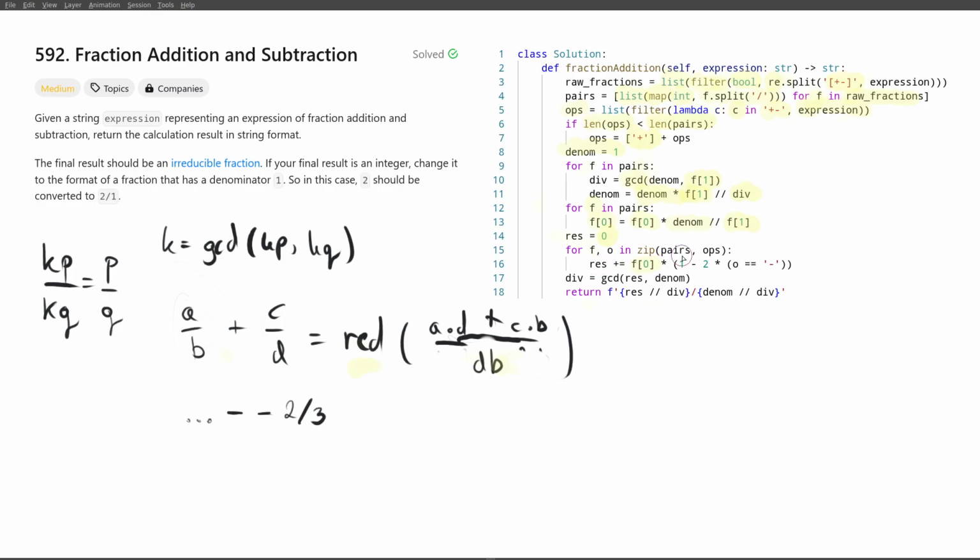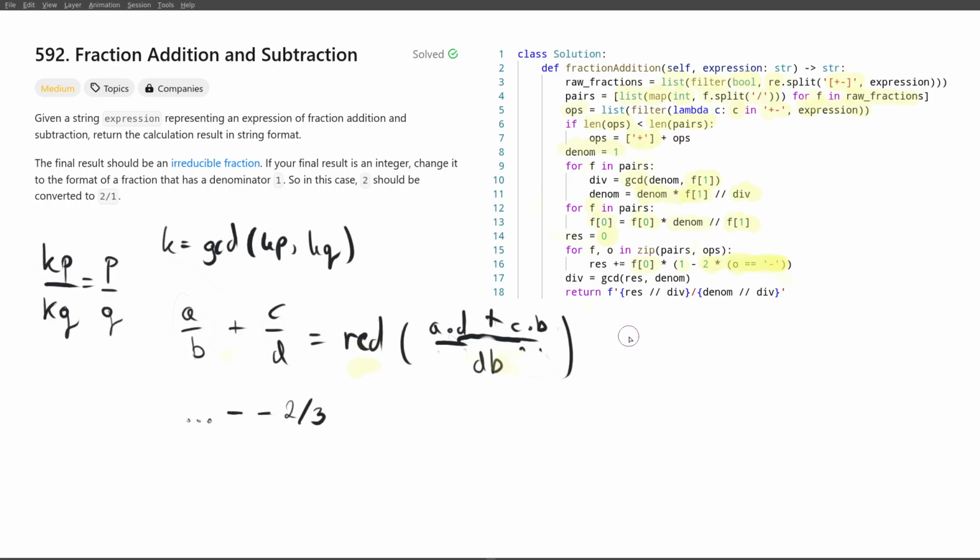So one way of doing that is just multiplying the numerator by 1 minus 2 times the operation being subtraction. So if the operation is not subtraction, we multiply it by 1 minus 0, so by 1. If the operation is subtraction, this thing here is 1, 2 times 1 equals 2, 1 minus 2 is minus 1, so we multiply the whole thing by minus 1.